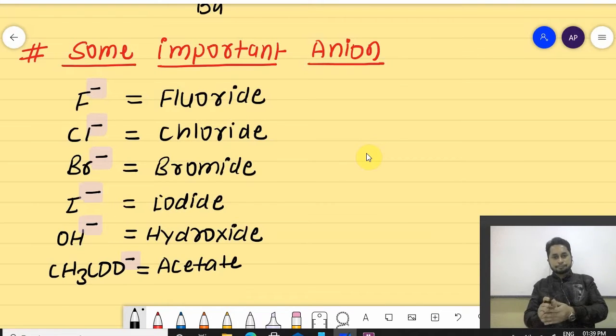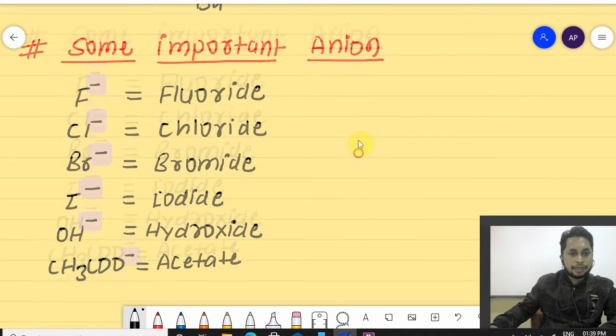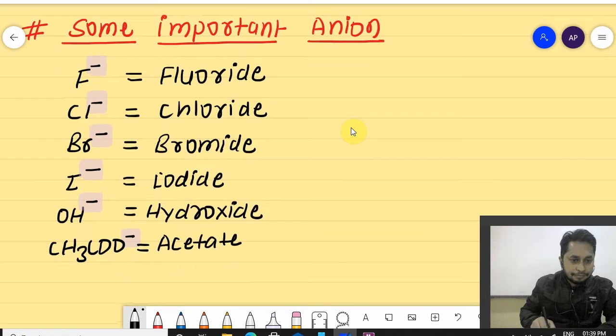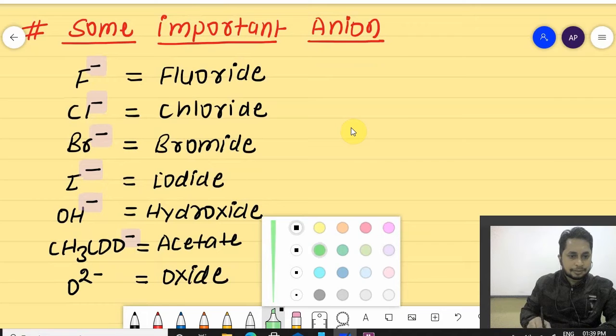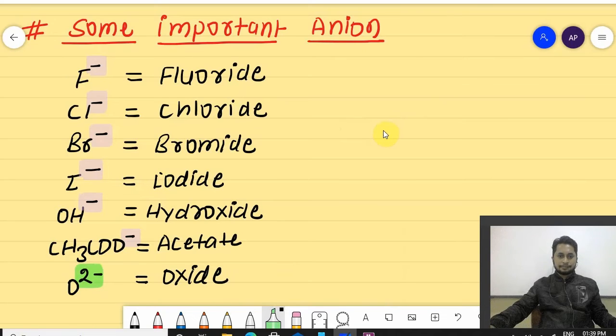Now, fluorine will form fluoride, chlorine gas will form chloride, bromine gas will form bromide, iodine gas will form iodide. Oxygen having double minus is known as oxide. Oxygen with double minus charge, oxide.